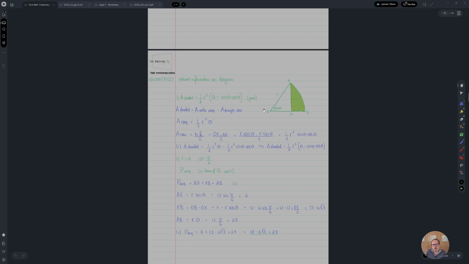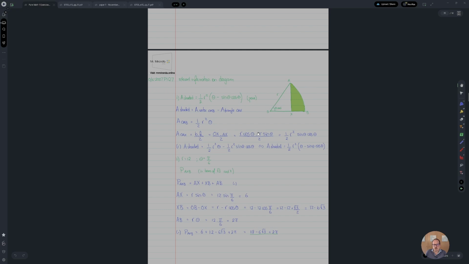The area of OAB, the area of the sector, is given by the formula. The area of OAX is going to be base times height divided by 2. So OX times AX, this is 90 degrees, divided by 2. What is OX? OX can be expressed with a cosine knowing the value r, so it's going to be r cosine of theta.